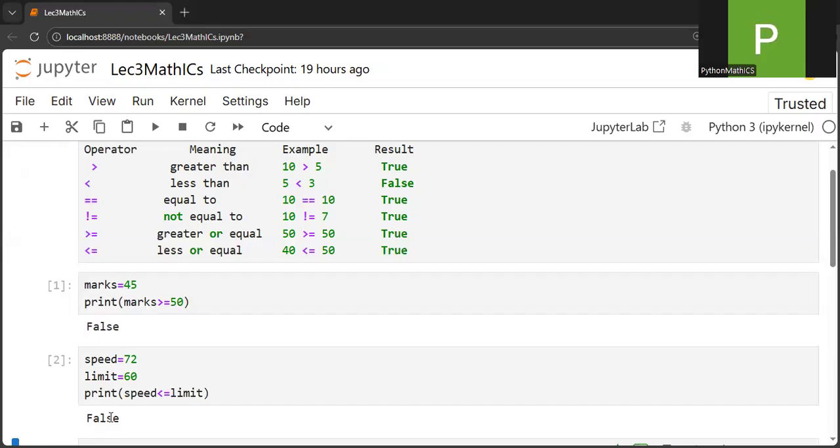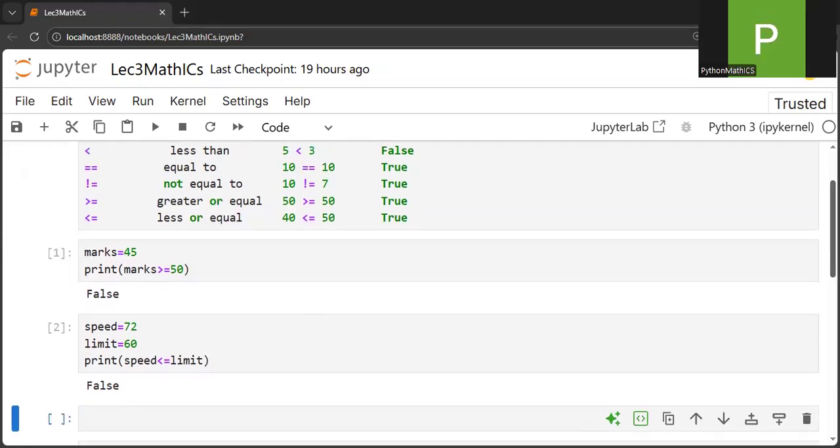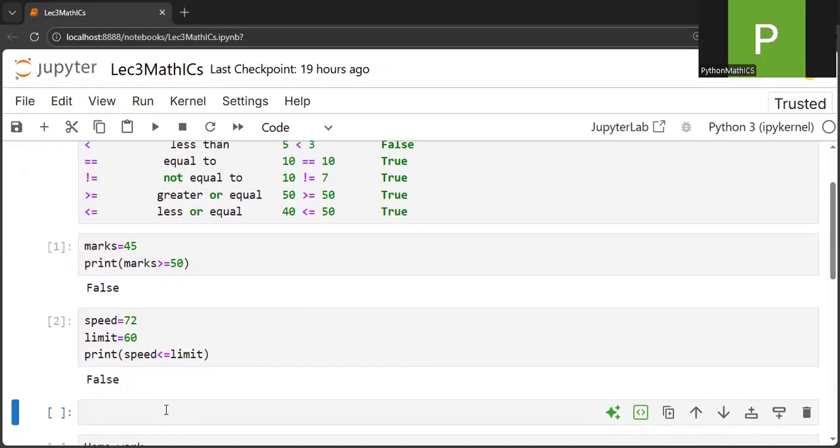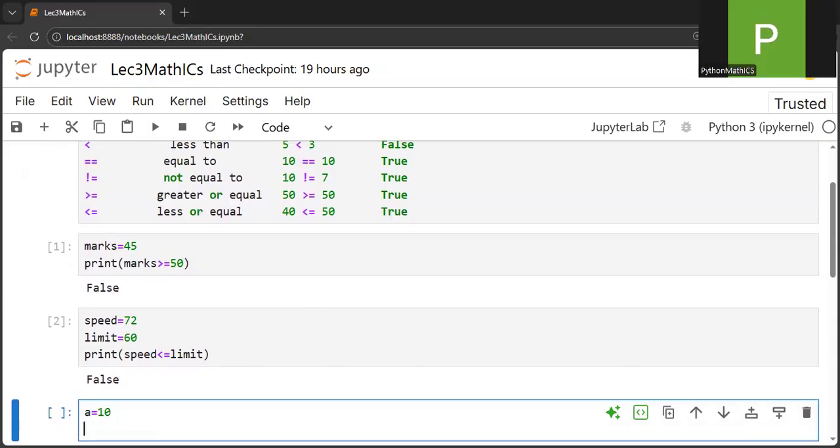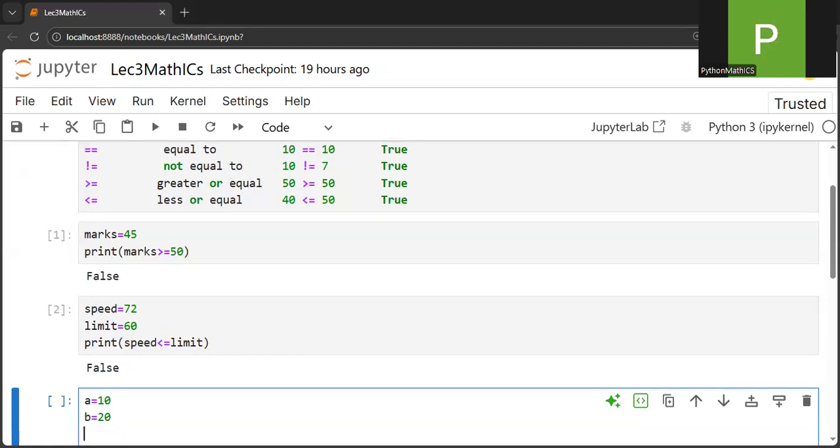Okay, so let's take another example and we compare two numbers. For example, we have A equals 10, and then we have B equals 20, and we want to check whether they are equal.